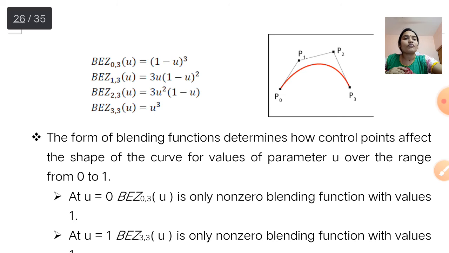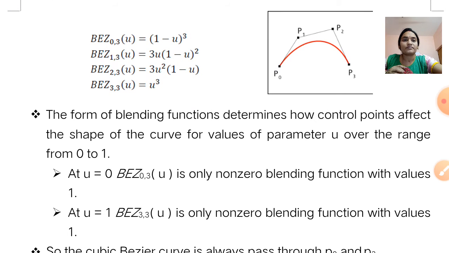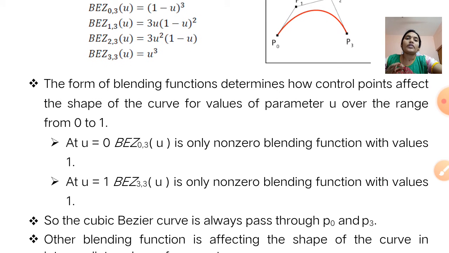Okay. The form of blending functions determines how control points affect the shape of the curve, for values of parameter u over the range from 0 to 1. So when u equals to 0, base 0, 3 of u is the only non-zero blending function, with value 1.